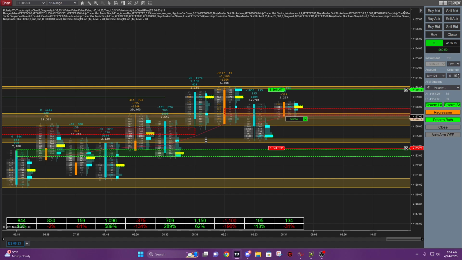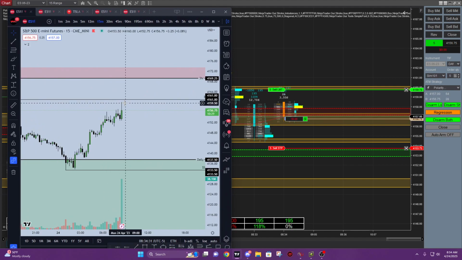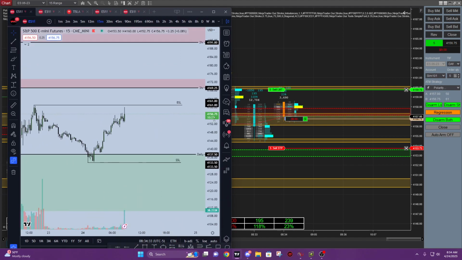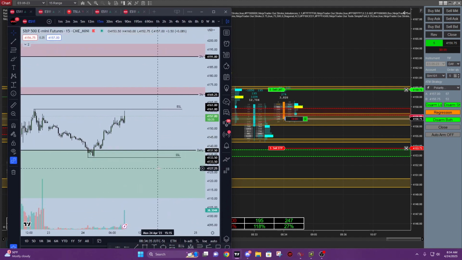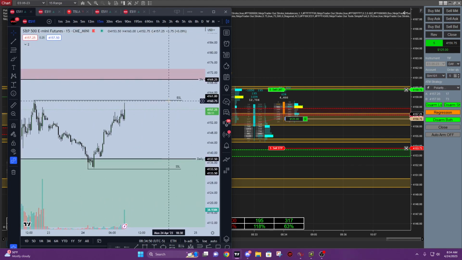Also, guys, if we take a look at candlestick charts, this is what I mark out every morning. I do supply and demand zones. So we have demand zone down here, supply zones up here. I also have buy side liquidity here, sell side liquidity here. So basically what we'd be watching for is a break above buy side liquidity.